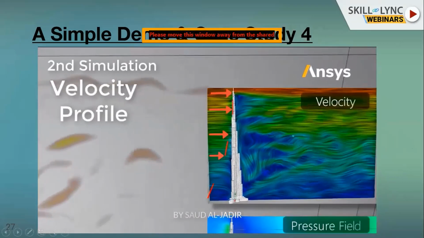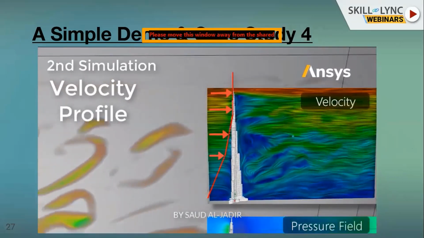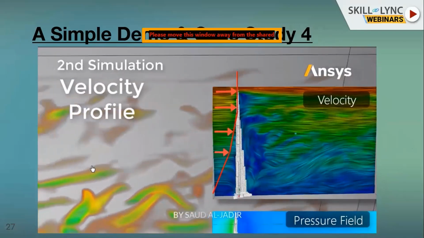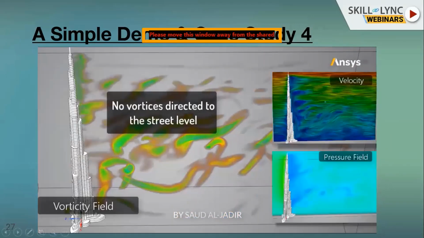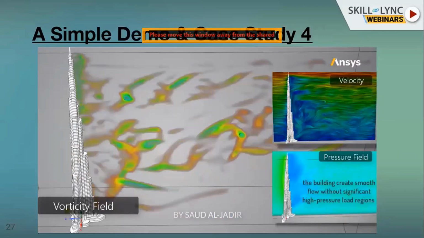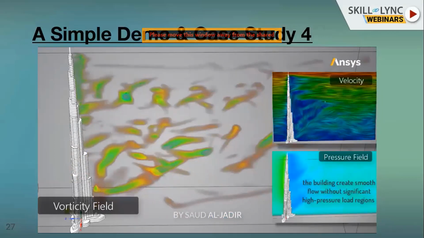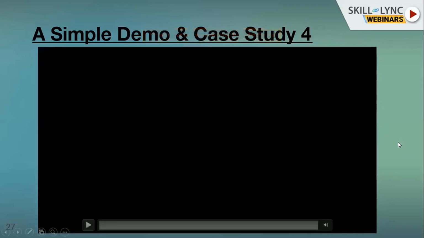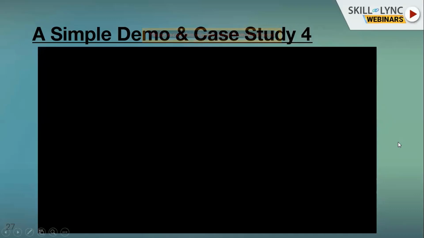This is the second simulation of varying velocity profile. Top it is different, bottom it is different. The red color experiences the maximum range, and the blue color represents the minimum range.